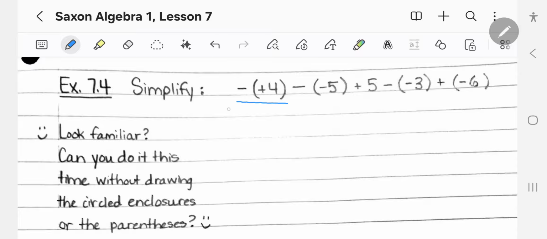That is the opposite of positive 4, so I'm just going to write negative 4. And then I'm going to think about this as being the opposite of negative 5, which would just be a positive 5. And then here, it's just a plus 5.